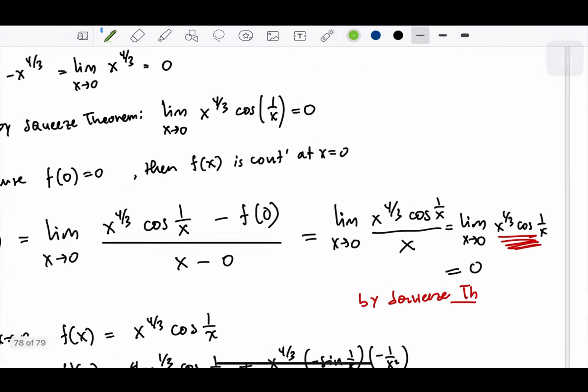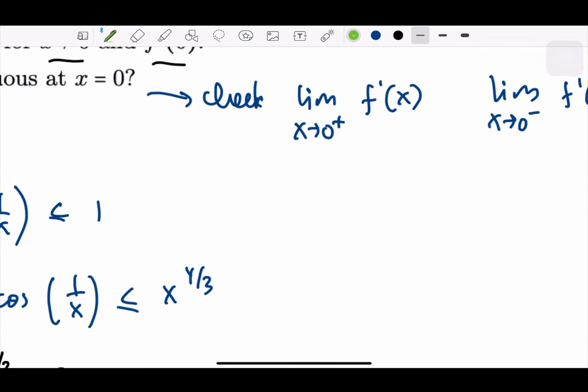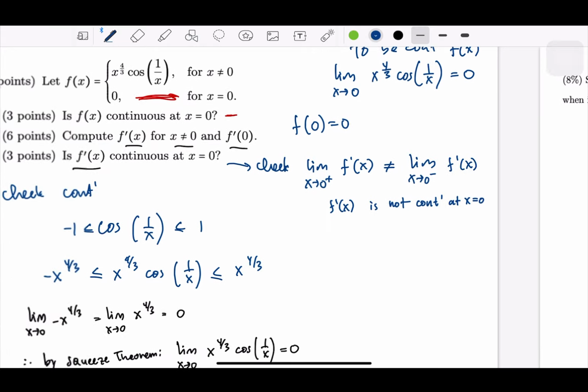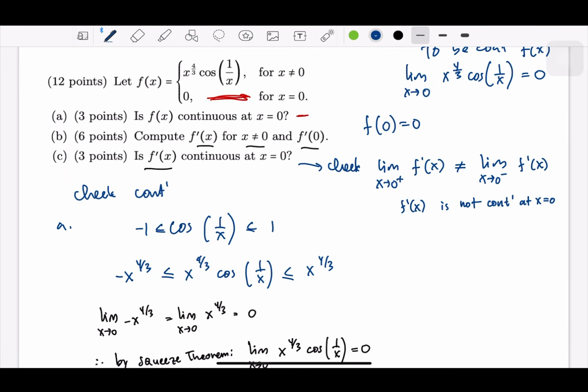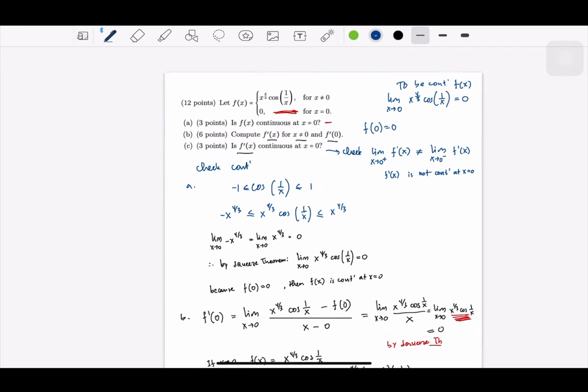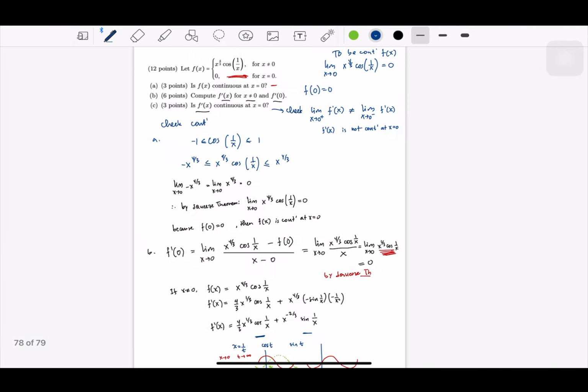Sometimes if this result is infinite, this will be negative infinite, so it will not be the same. So we can conclude that f prime x is not continuous. I hope you get the idea there.